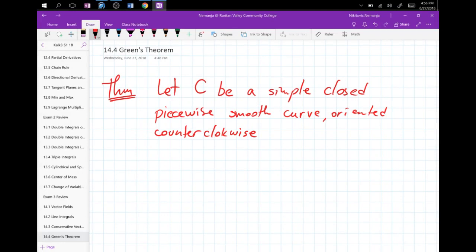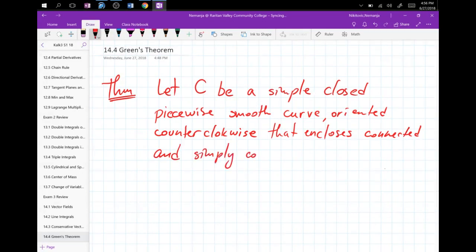They're all in here. So that encloses a connected and simply connected region R in the plane.